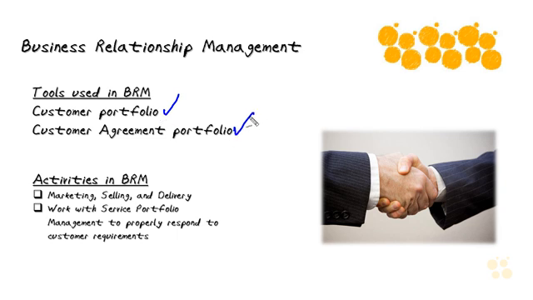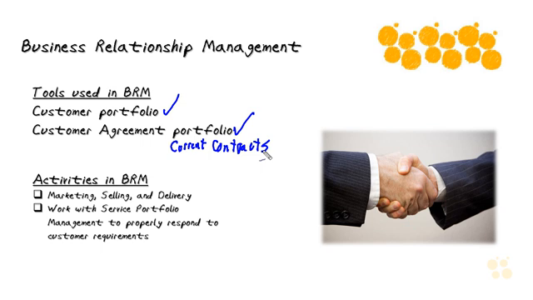Then there, of course, is the customer agreement portfolio. Basically, same thing. It's going to be a database of your current contracts. So any current contracts that you have with your clients are going to be located in here. That way, you know, these are the services that we're already delivering.